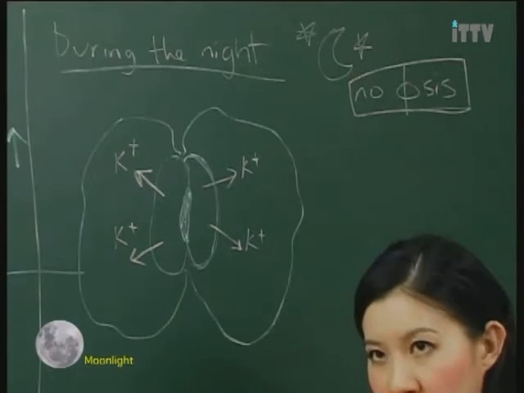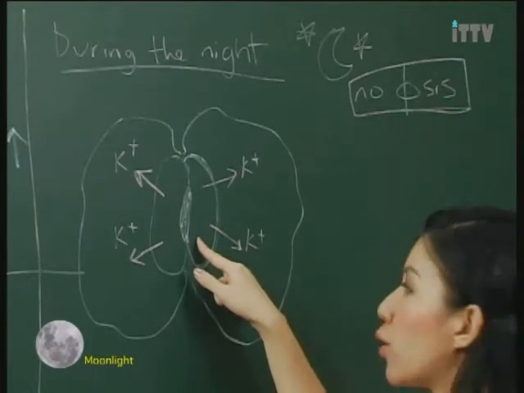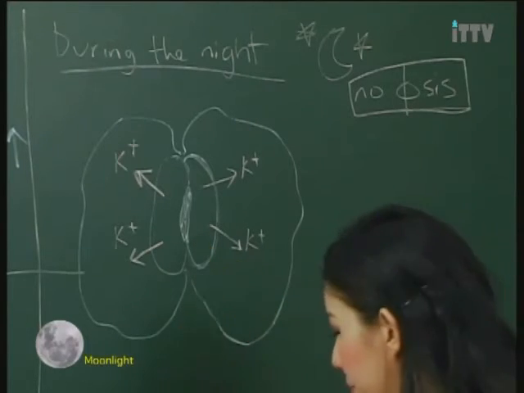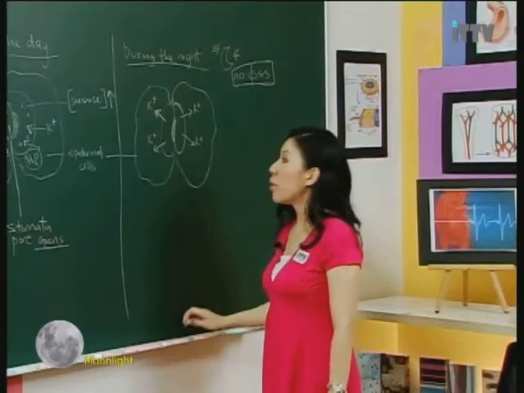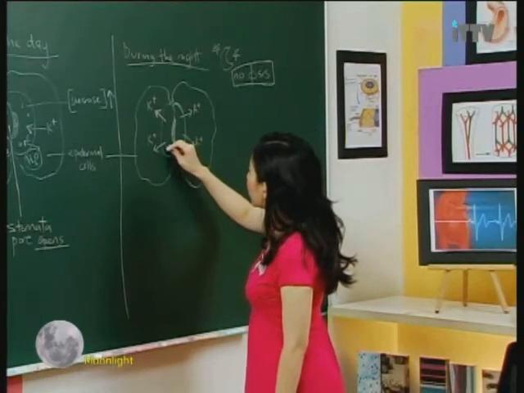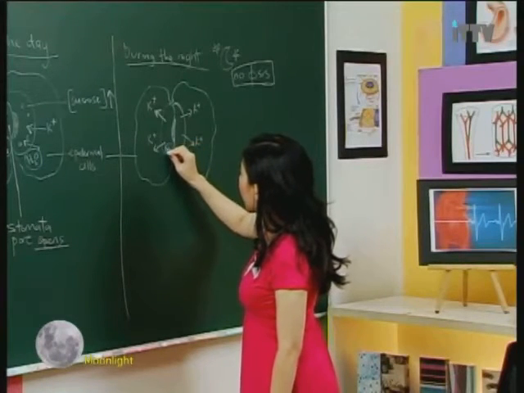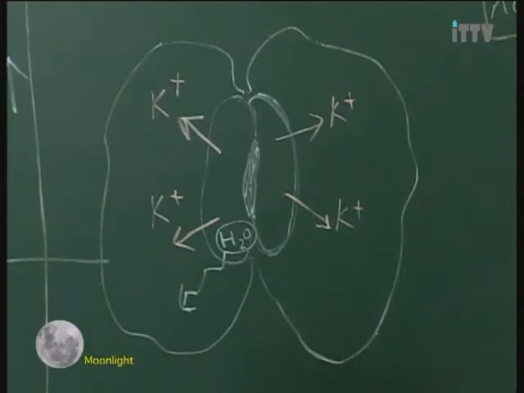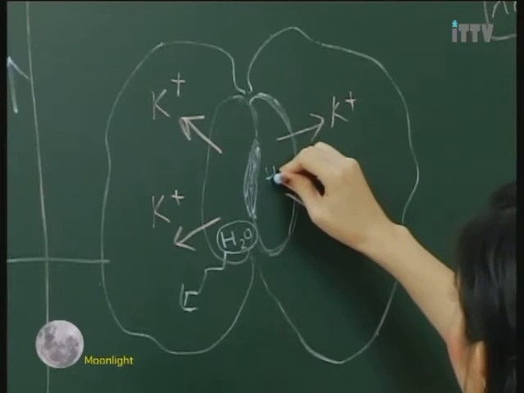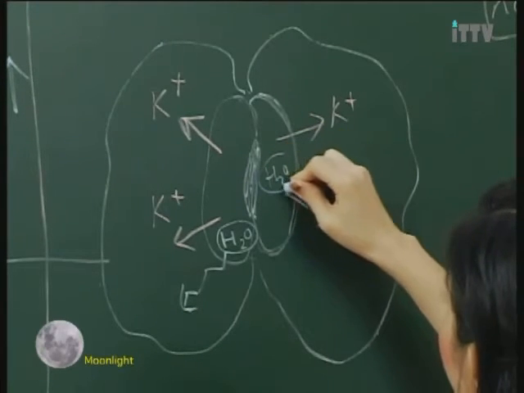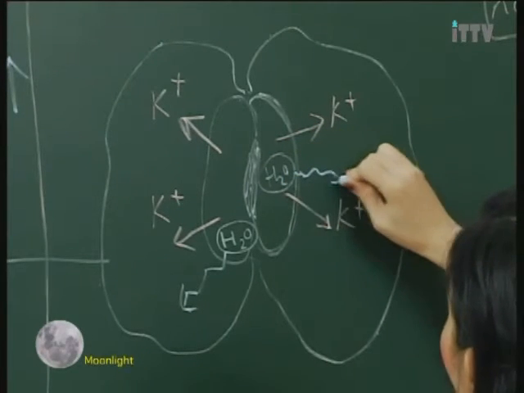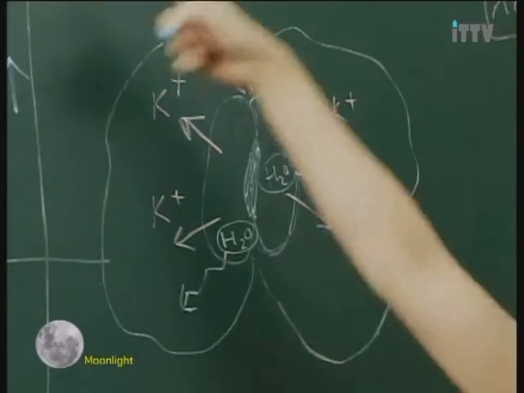And as a result of that, it decreases the osmotic pressure in the guard cells. And what happens to the water molecules? Well, water molecules originally here will start to move out because it's night. From day, it's turned to night.